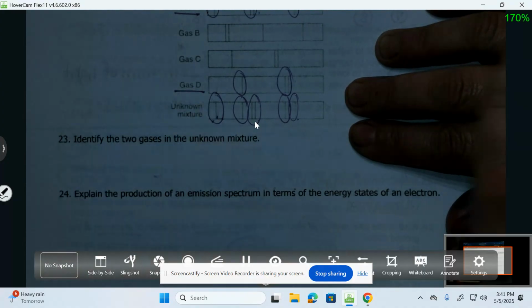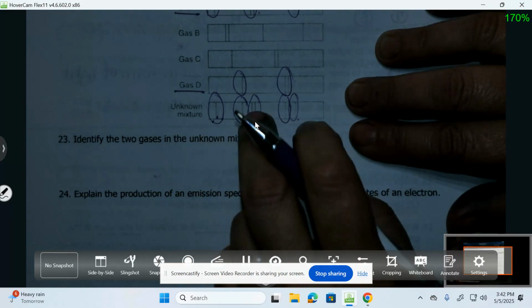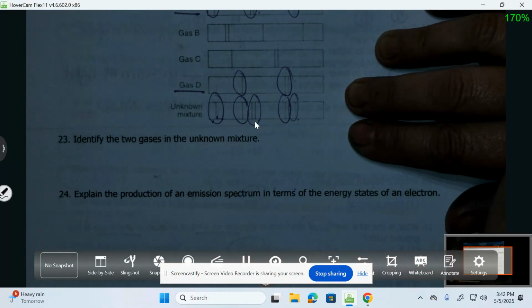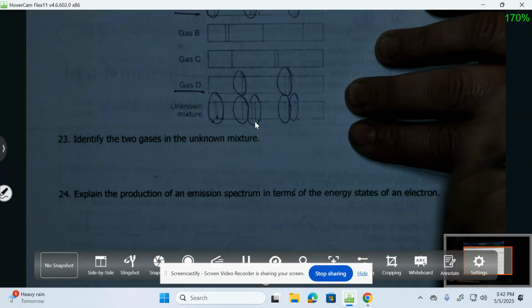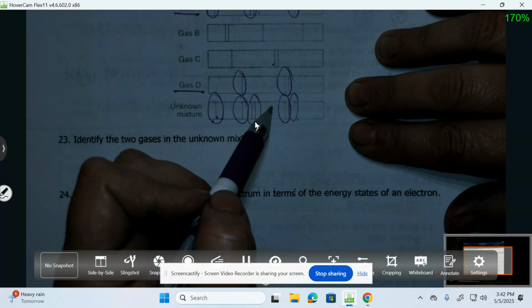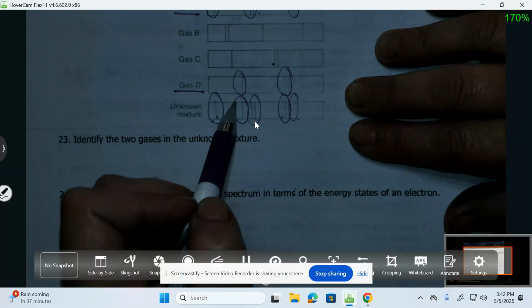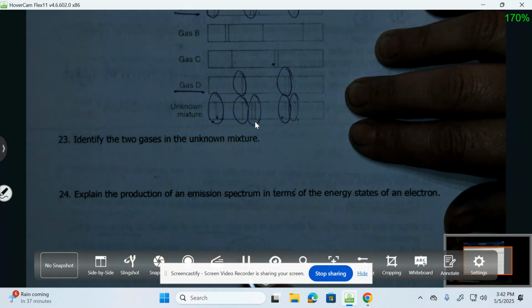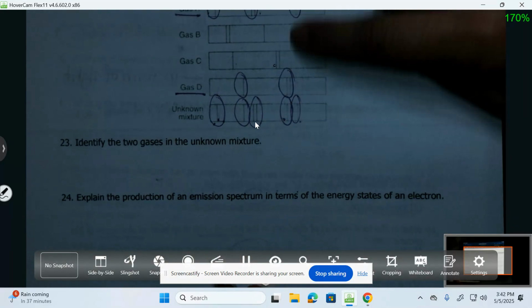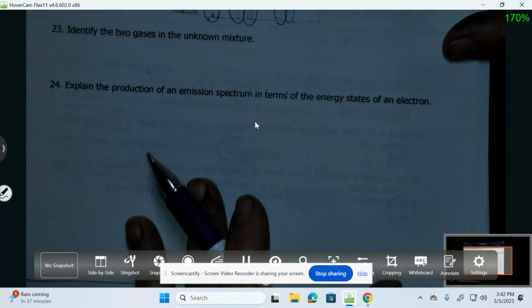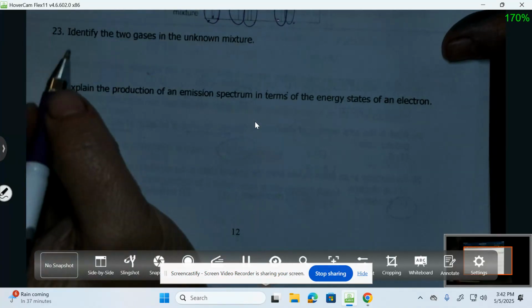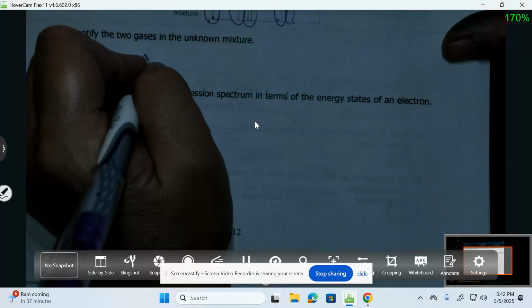So we know gas D is in the mixture. In order for the gas to be in the mixture, all of the lines need to show up in that mixture. Even though these 2 lines look like they might match up here, this one definitely doesn't have a line here. It's not perfectly matched up, but I'm just giving you an example. Make sure that all the lines match. So we're going to go with A and D.